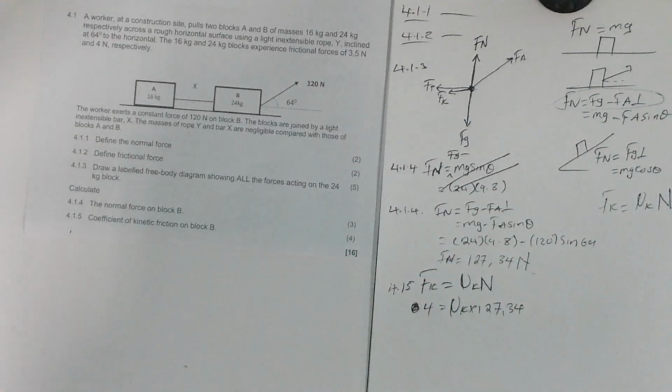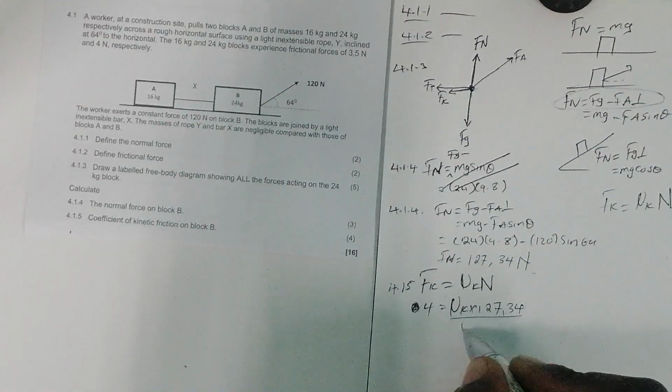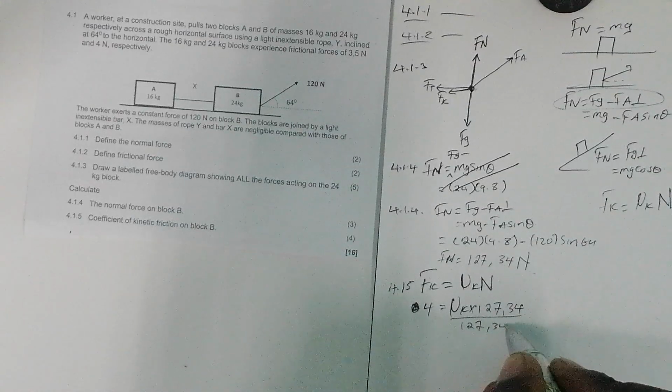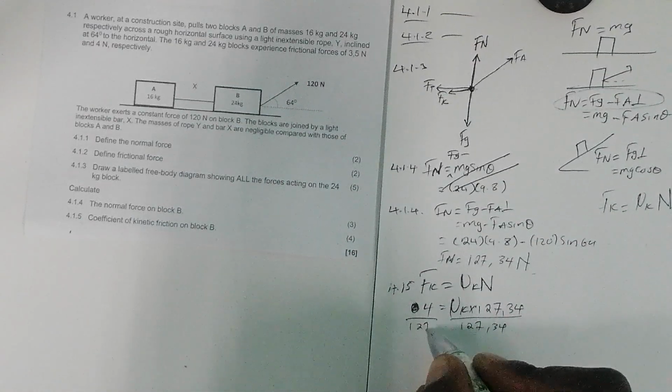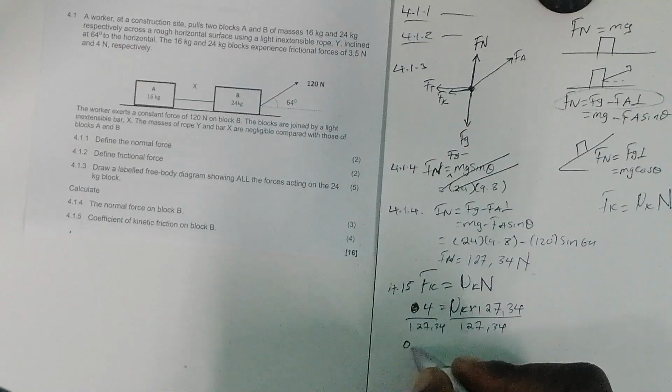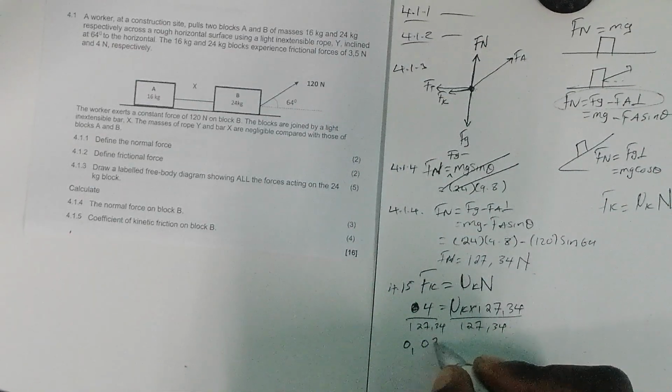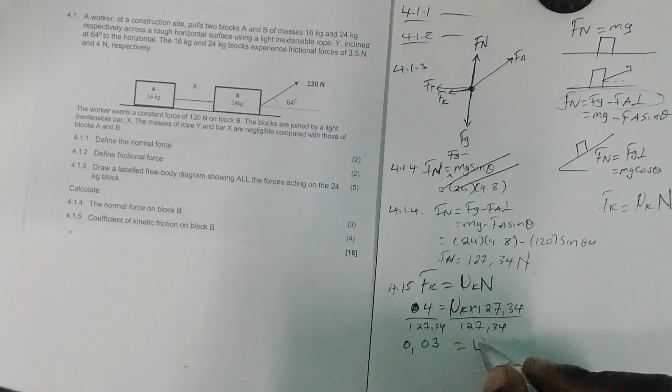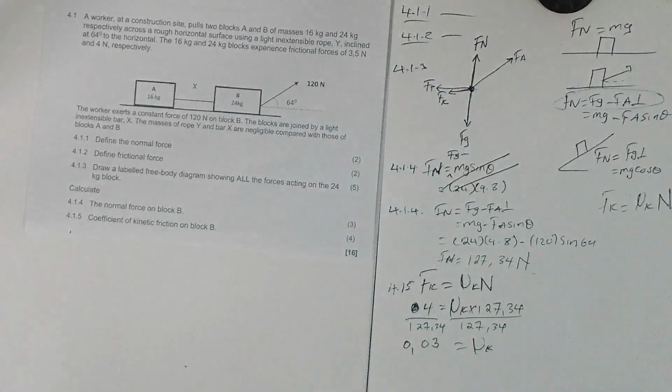Therefore, you can divide both sides by 127.34. Therefore, 4 divided by 127.34 becomes 0.03, which equals mu k.